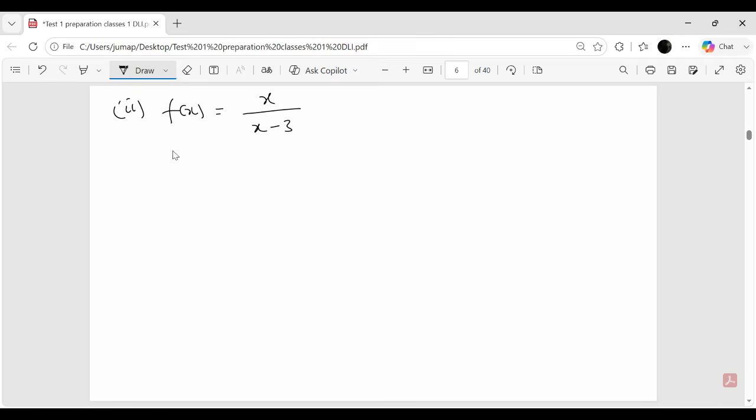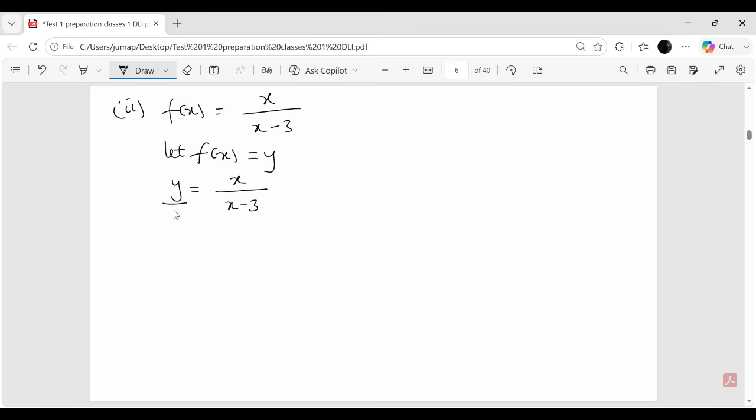When you're finding the inverse, it's the same process you used to do at high school, where you just let f of x be equal to y. So y equals x over x minus 3. Now, you try by all means to make x the subject of the formula.